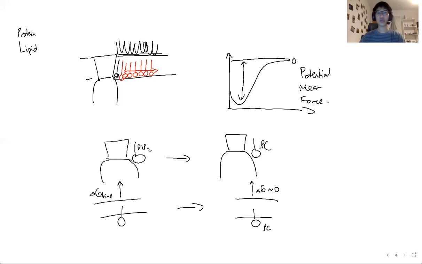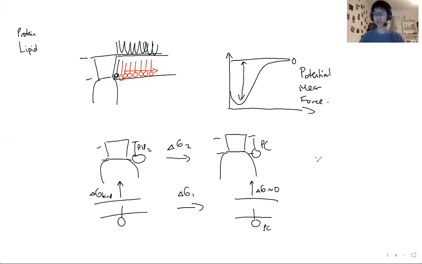So what I can do is practically turn PIP2 to PC in alchemical space slowly, as it is bound to the protein in the bound configuration, and in the bulk lipid, so in just the bulk lipid bilayer, and then calculate delta G2 and delta G1.